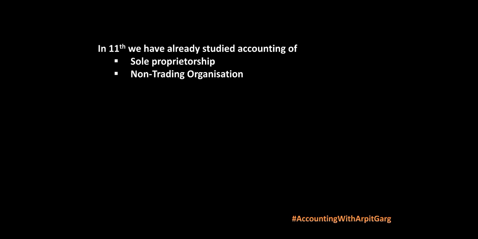As we talk about sole proprietorship, there was a single person carrying on his business activities using resources available with him. But now, to move further, business needs to be expanded, and for its expansion, for its growth, he needs more resources.